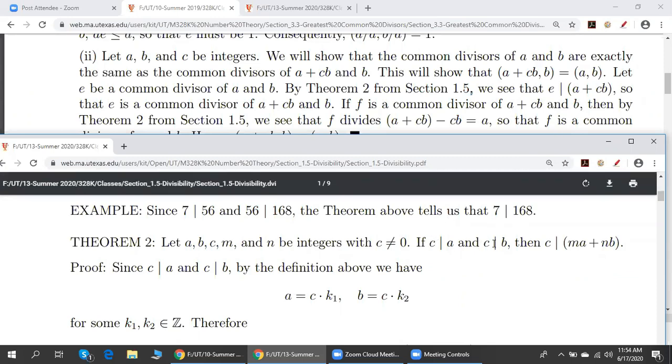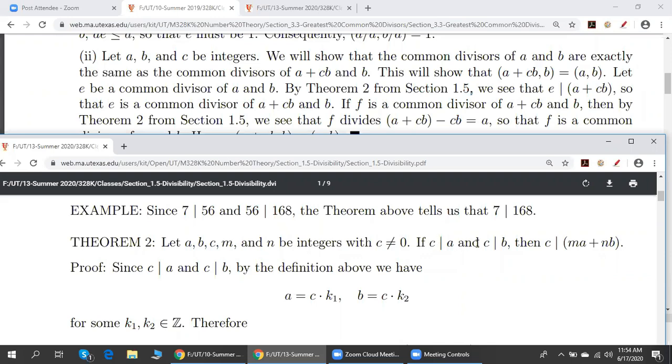Replace also C by F. According to Theorem 2, if C divides A and C divides B, C divides MA plus NB. So we have a perfect match.